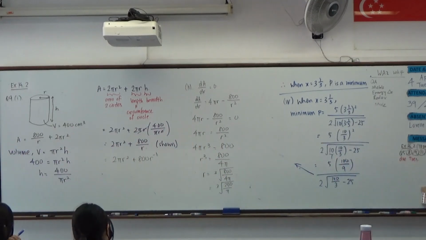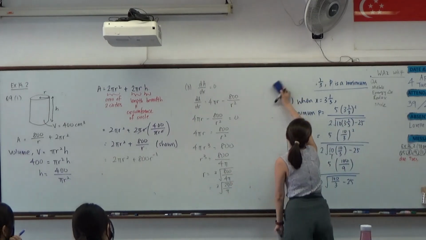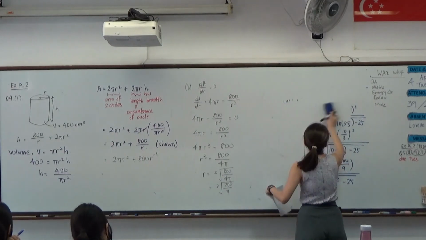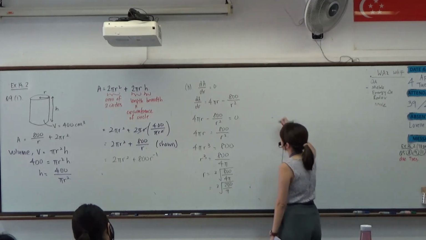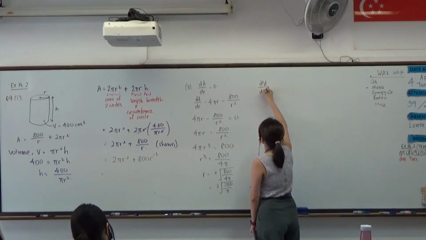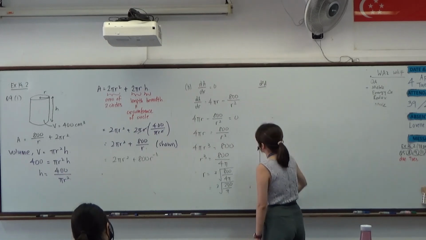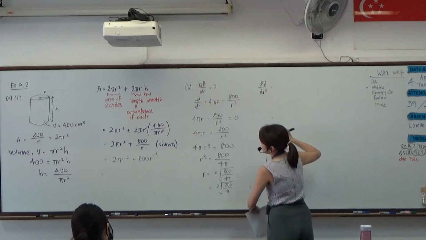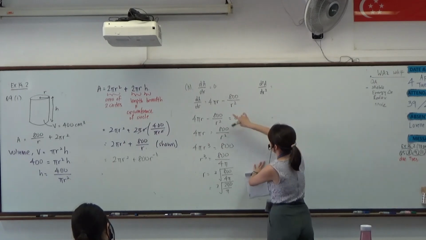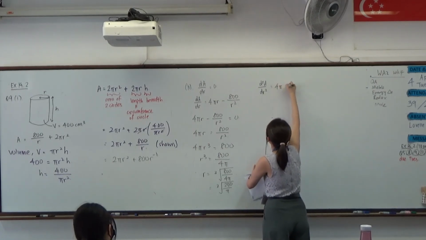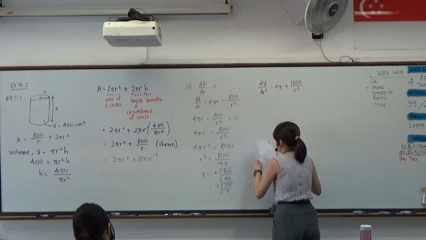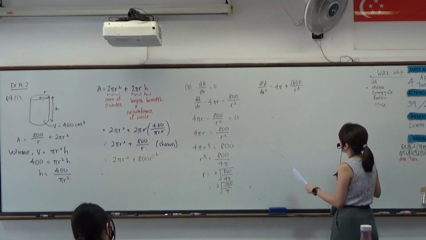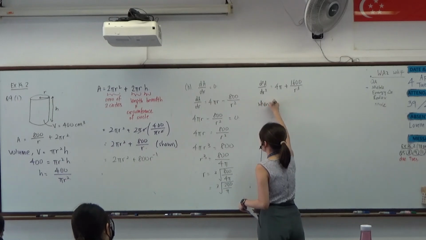Then we need to go about showing that it is going to give you your minimum area. So you can go and differentiate this again. So 4 pi plus 1600 over R cubed.